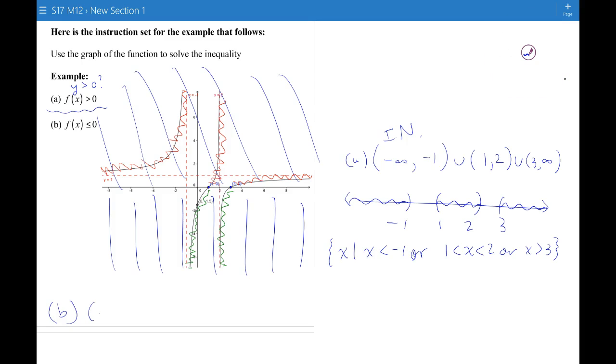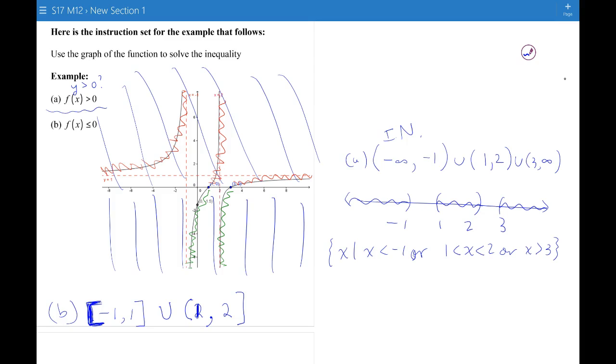So from x is negative 1 to 1. Oh, but we need to include the endpoints now, because equal to 0 is part of our solution set. Union with, we can't include 2 because that's not in the domain of the function. Whoops, 1, sorry. And then up to 2, but includes.